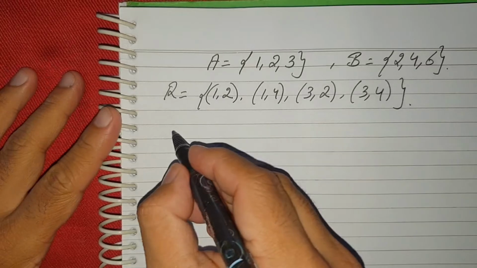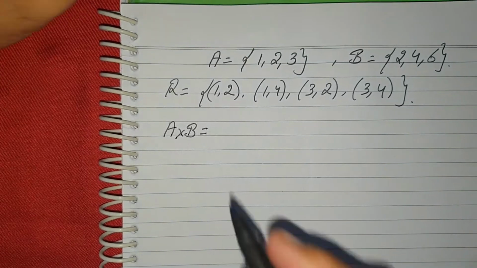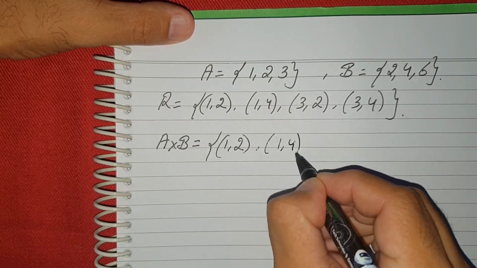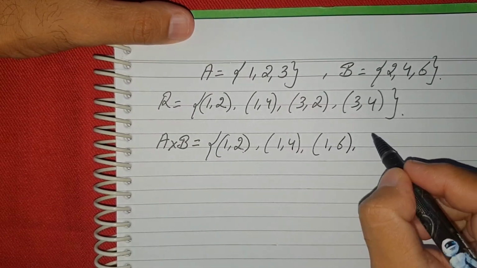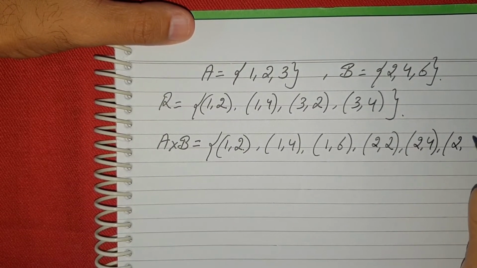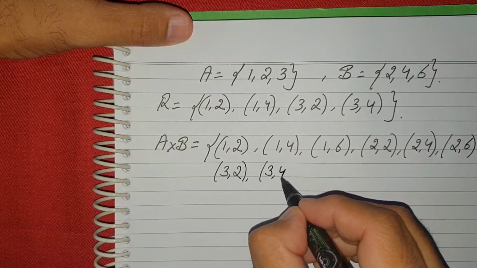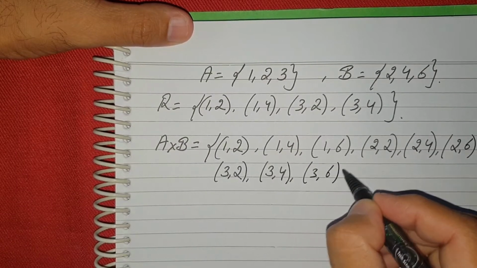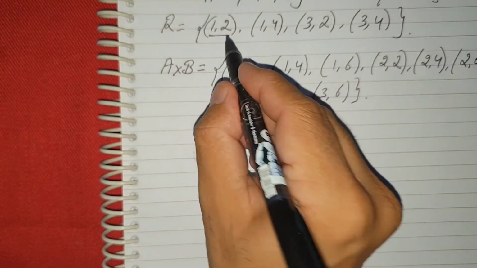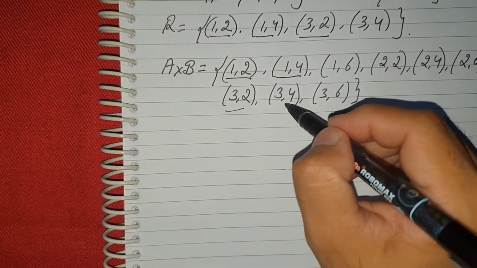Now see, if we do A cross B, A cross B is going to be (1, 2), (1, 4), (1, 6), (2, 2), (2, 4), (2, 6), (3, 2), (3, 4), (3, 6). Now from this we can clearly see (1, 2), (1, 4), (3, 2), (3, 4).